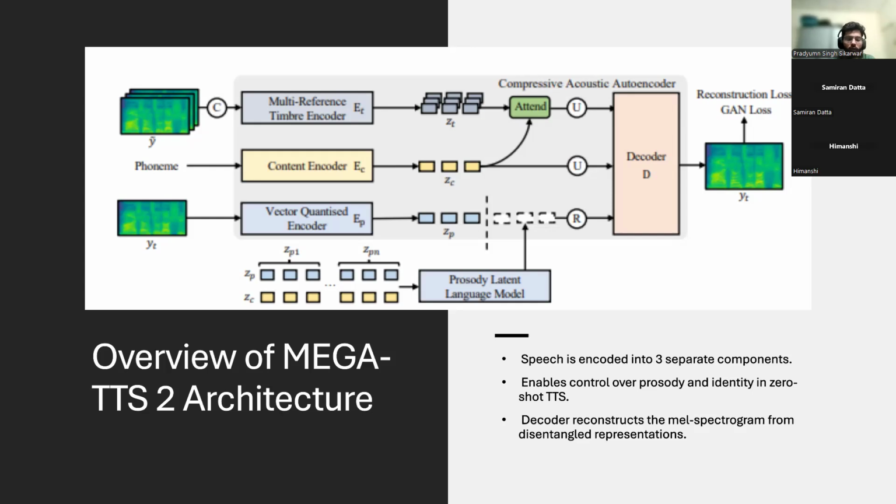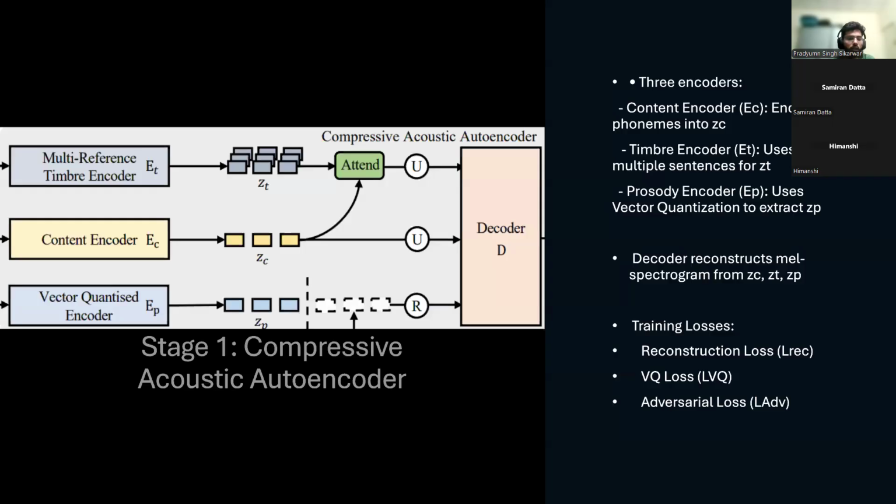Now we can move on to the next slide, where I am going to tell you the most important thing, which is the compressive acoustic autoencoder. It's very simple to understand. It is based on the autoencoder model, where we give input as the data in prosody, and parallelly we also give input of the multiple sentences, multiple prompts, of a single voice which we want to copy.